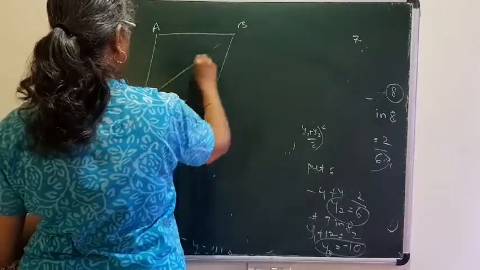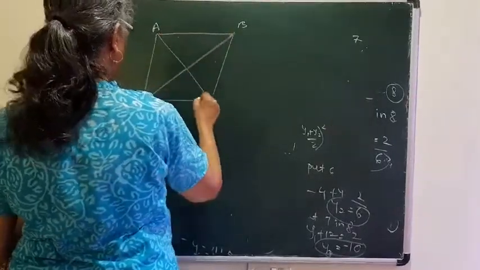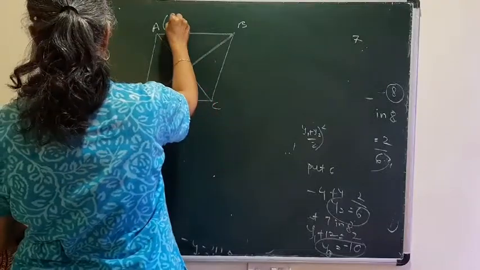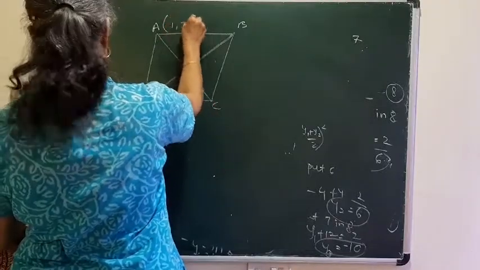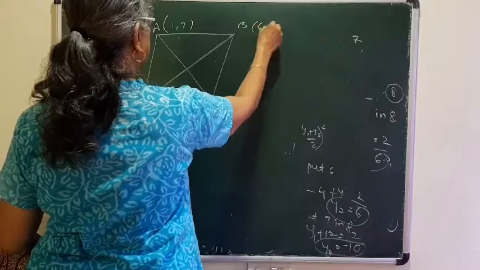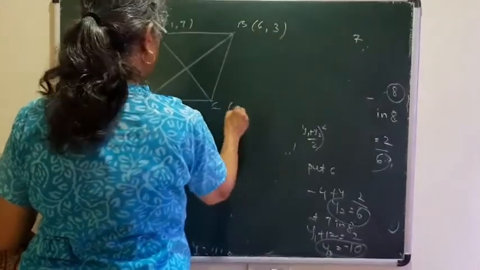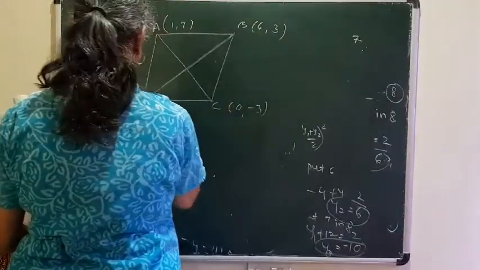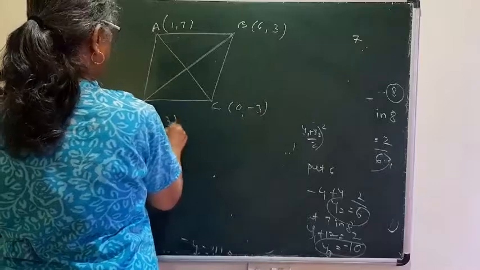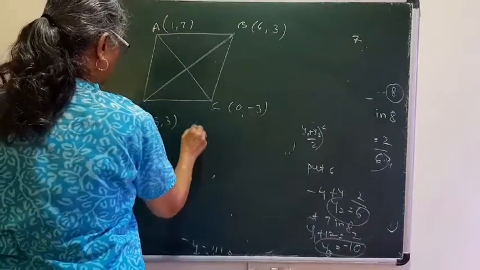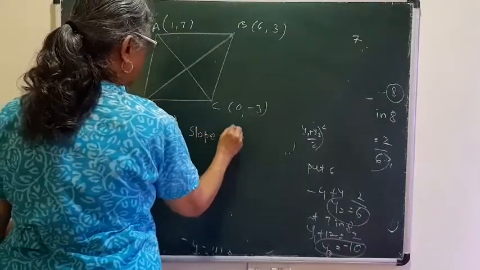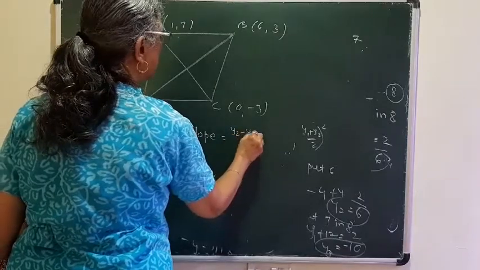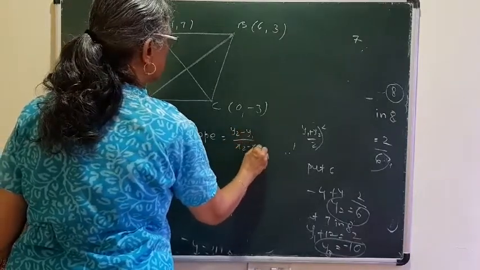Then you can join the diagonals. Coordinates of A are given 1, 7, B are 6, 3, C are 0, minus 3 and D are minus 3, 3. So for slope you can use y2 minus y1 upon x2 minus x1.